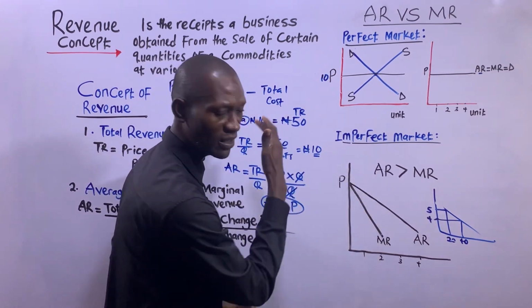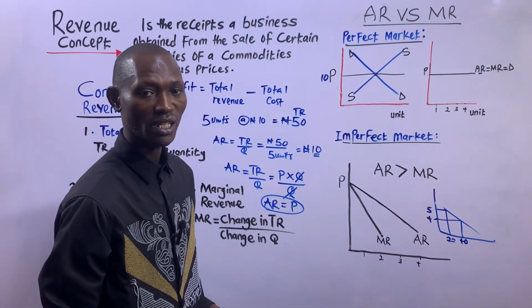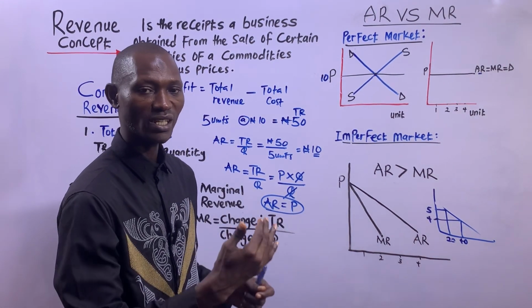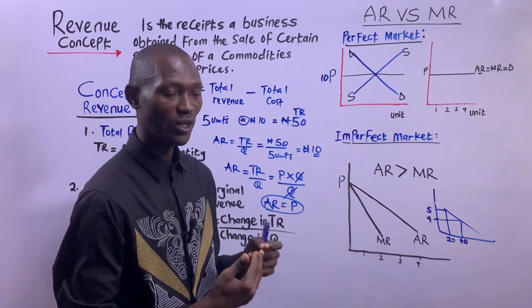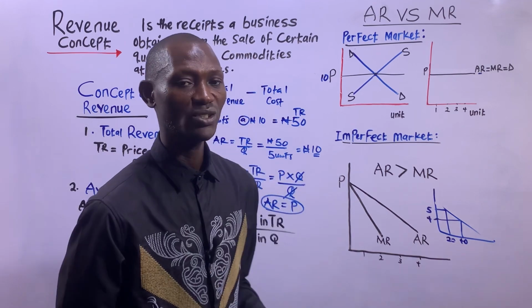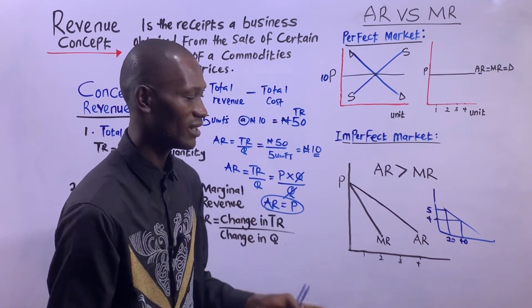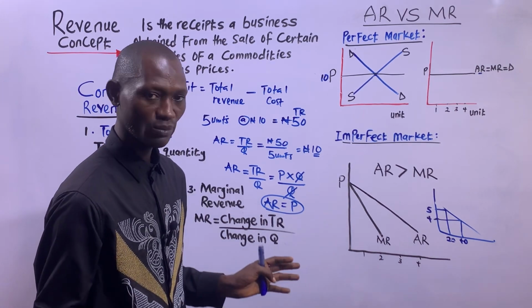But a firm that operates in an imperfect market should move down the demand curve, reduce its average revenue a little bit so that sales can increase. But when sales increase, total revenue increases. And when total revenue increases, the opportunity cost of that is that marginal revenue will fall. But not just fall, it will fall faster than the average revenue. So I hope that is understood now.